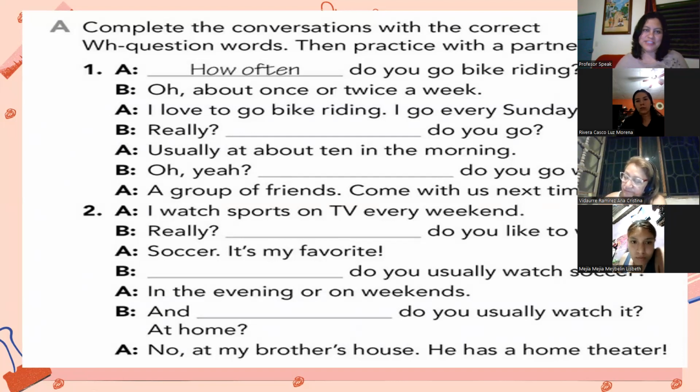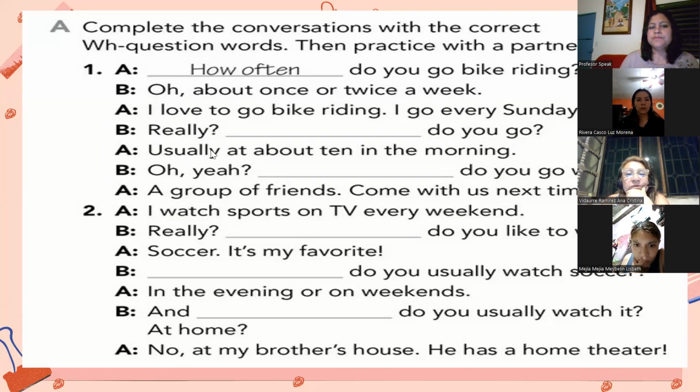The conversation says, how often do you go bike riding? This is a conversation between A and B. About once or twice a week. I love to go bike riding. I go every Sunday. Really?